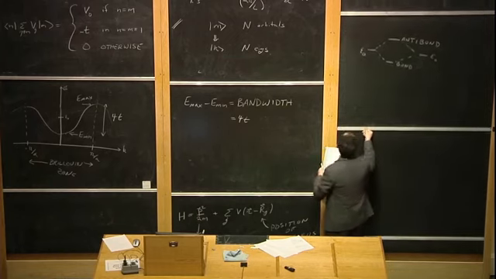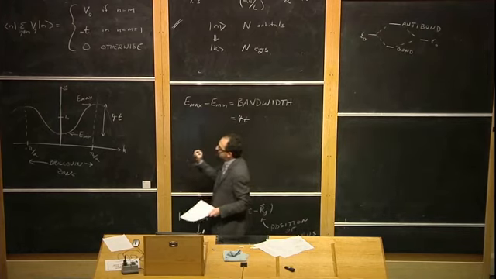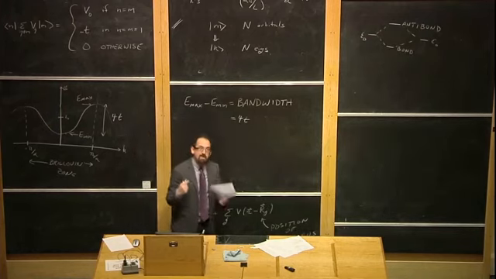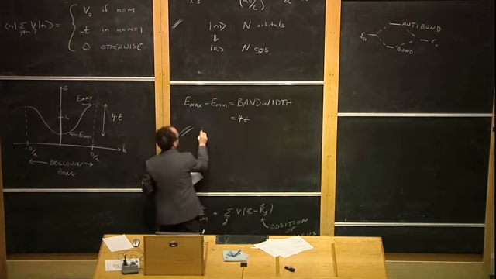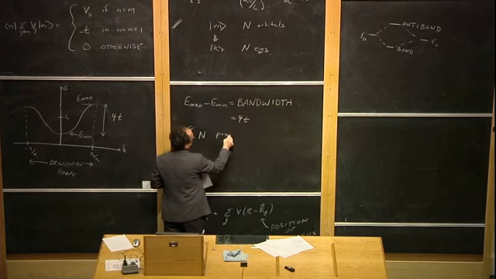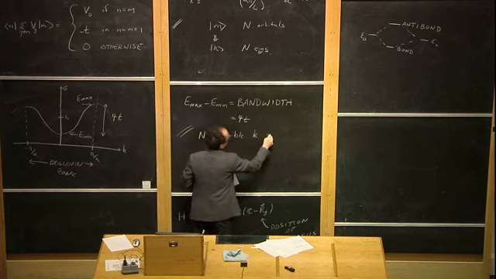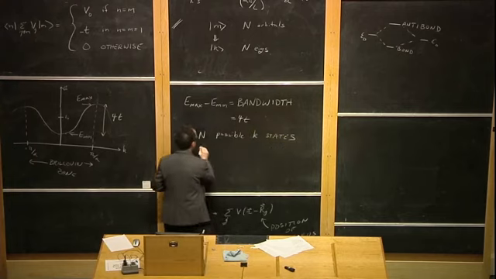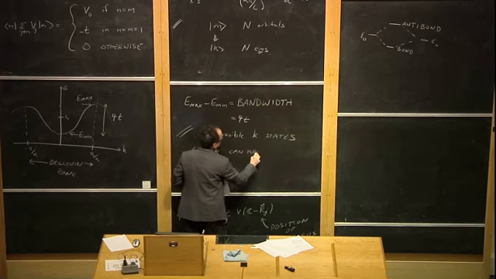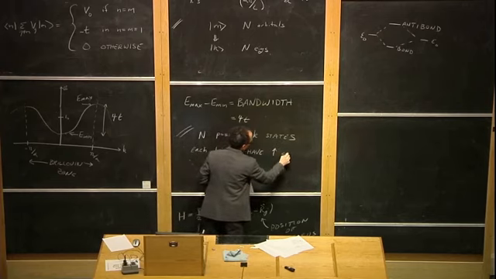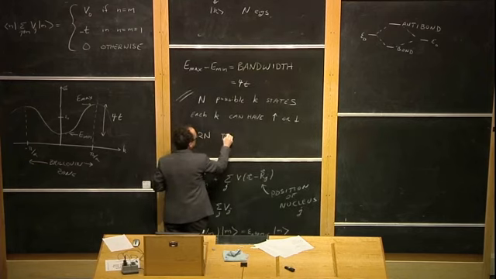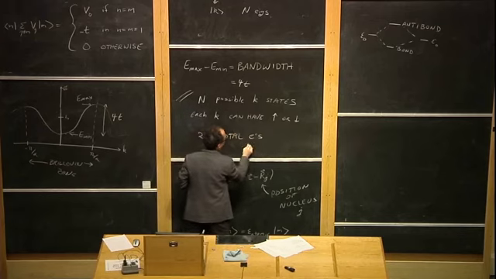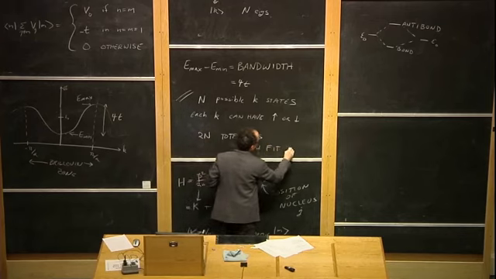Right. So let's imagine now that we have not just a single electron that we want to consider, but many electrons. Since we had n possible k states, but each k can have two spins, spin up or spin down, that means there's 2n total electrons that can fit in the band.